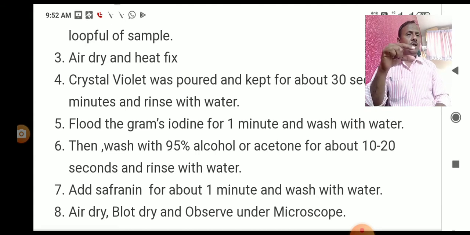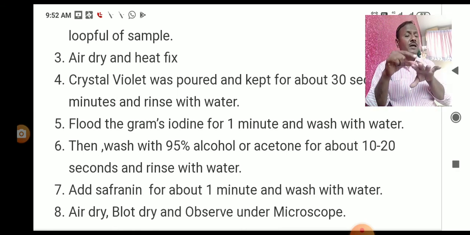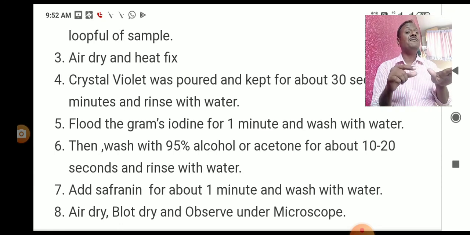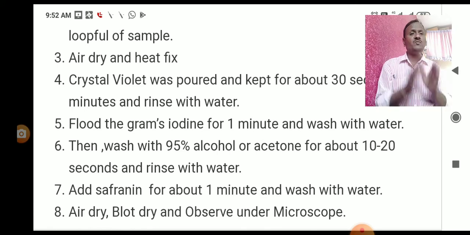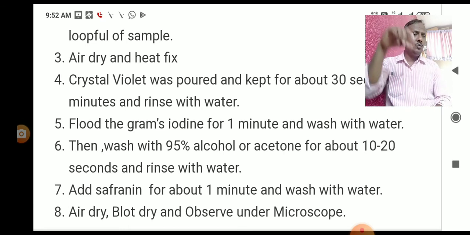Heat fix means you keep the slide above the gas burner, due to which the smear on the slide is fixed and dried completely. After the smear has dried completely, add the first stain, crystal violet. Add 2 to 3 drops on the smear for 30 seconds to 1 minute.